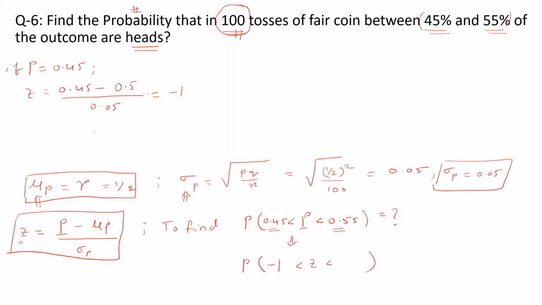Now what is the value of Z when it is 0.55? If capital P becomes 0.55, then Z becomes 0.55 minus 0.5 divided by 0.05.